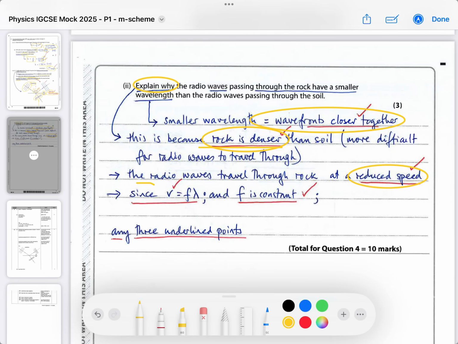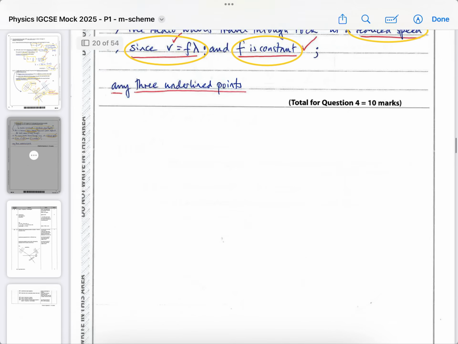And since v equals f lambda, if the speed goes down, the frequency, remember, remains constant. If the speed goes down and the frequency remains constant, that's why the wavelength will also go down. So any of the underlying points you can get for those terms to get the 3 marks. There's 4 ways, the way I've written it, of getting the 3 marks.